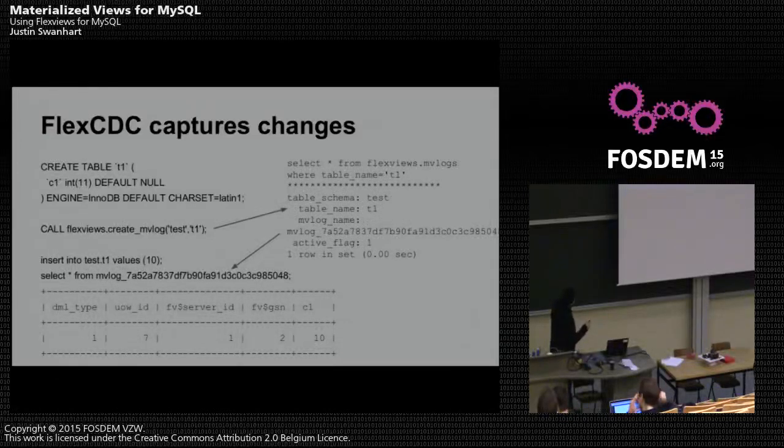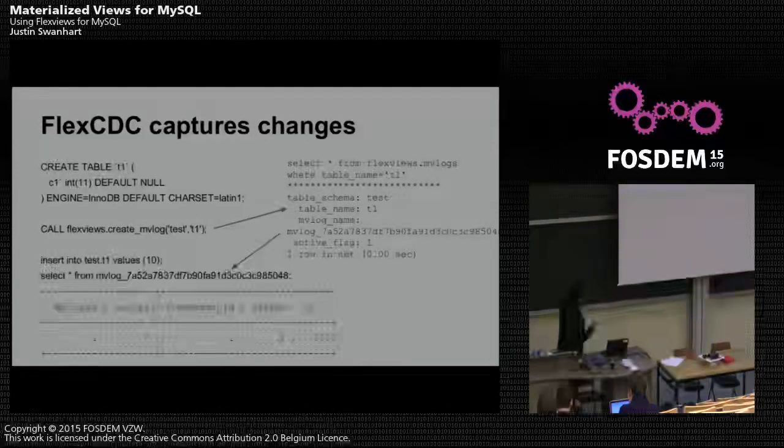So when we created the mvlog, a table was populated called mvlogs. It maps test.t1 to mvlog_7a52, whatever. Right? That's an MD5 of the table name and schema name. The reason that I do that is the table name can only be 64 characters. So if you had a 64-character table and a 64-character schema, it wouldn't be able to create the materialized view log. So it uses an MD5 instead.